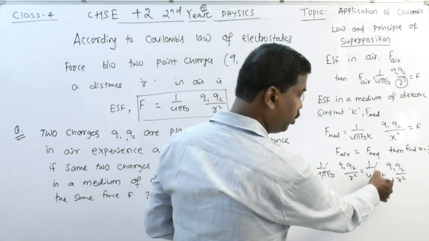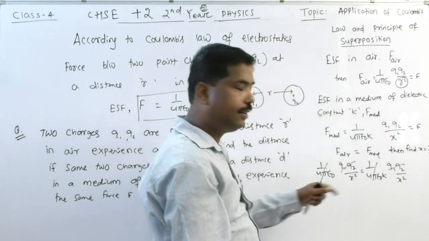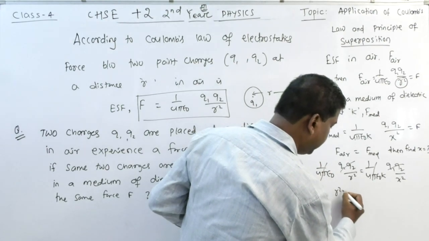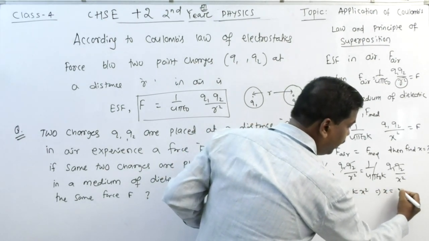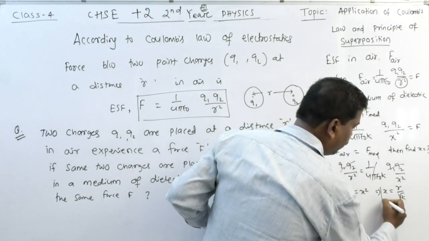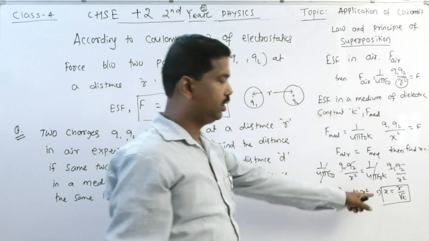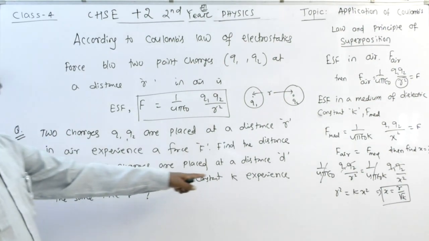So 1 by 4 pi epsilon 0 cancels out, and Q1 Q2 again cancel each other. Now the conclusion is r square is equal to K x square, or I can write x is equal to r by root over K. Clear? I hope this question was in 2014 CBSE.